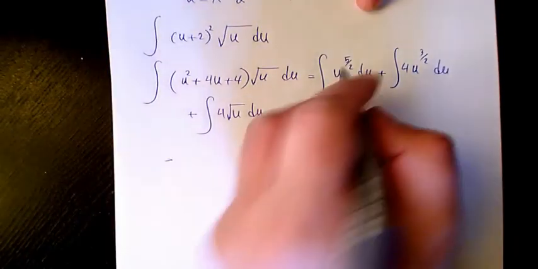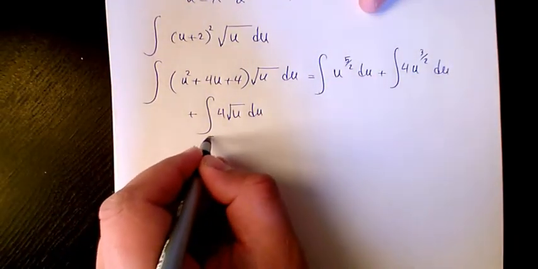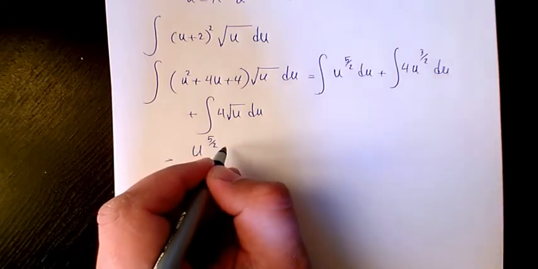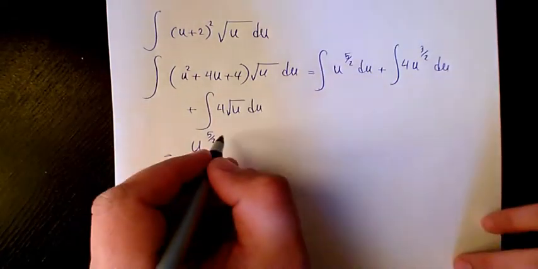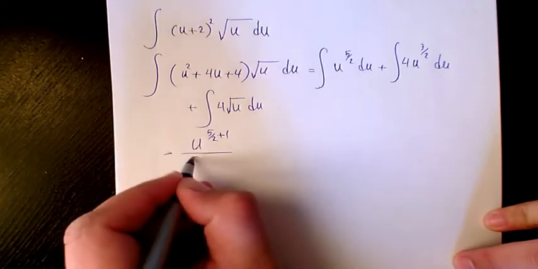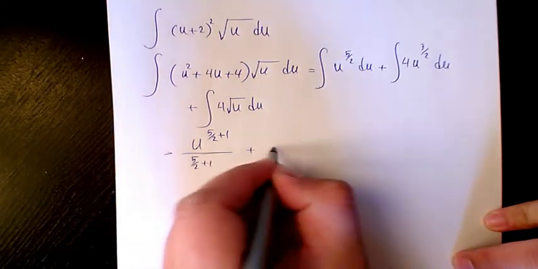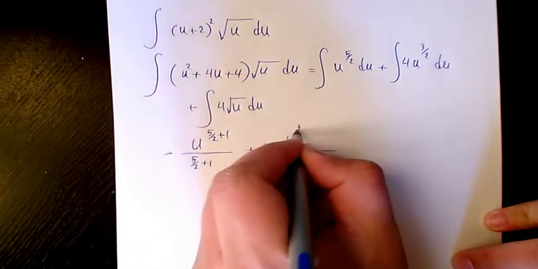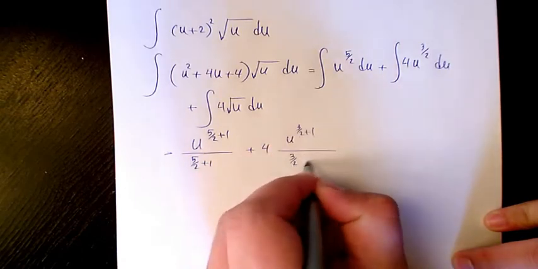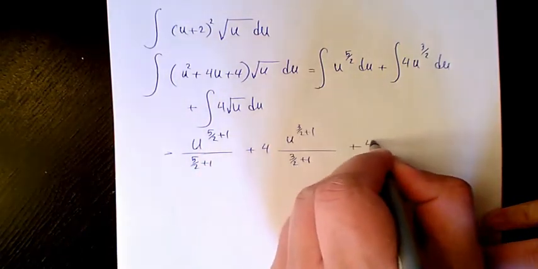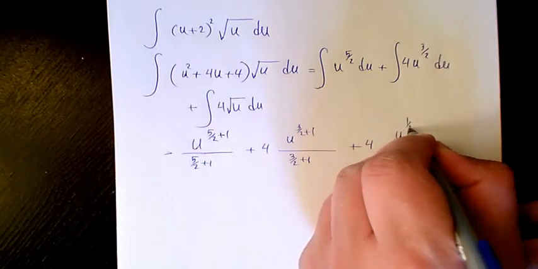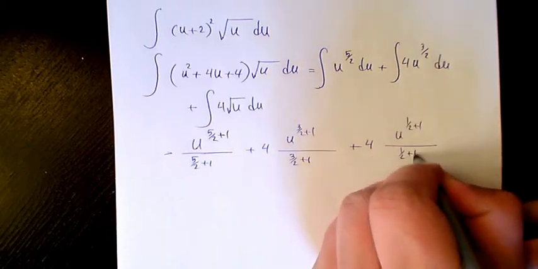So 3 integrals. First one is going to be u to the power of 5 over 2 plus 1, over 5 over 2 plus 1, plus 4 u to the power of 3 over 2 plus 1, over 3 over 2 plus 1, plus 4 u to the power of 1 over 2 plus 1, over 1 over 2 plus 1.